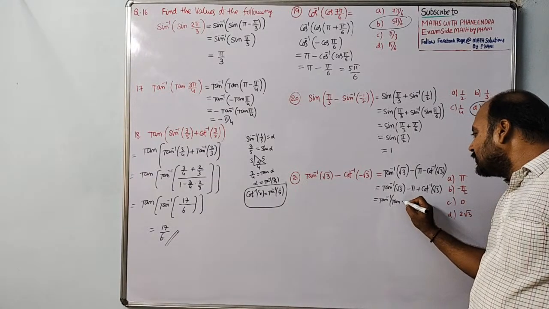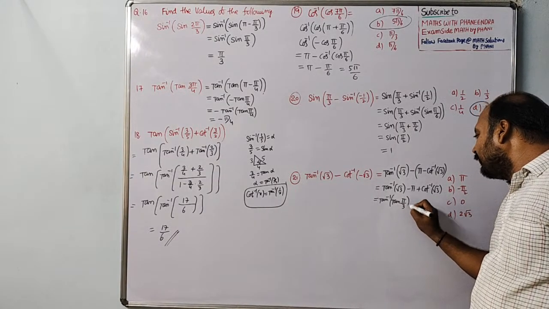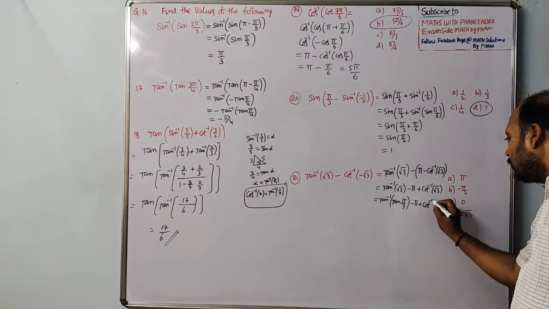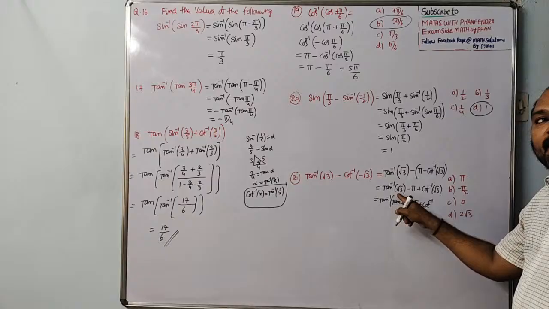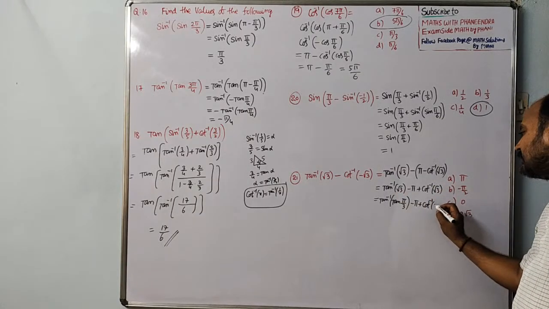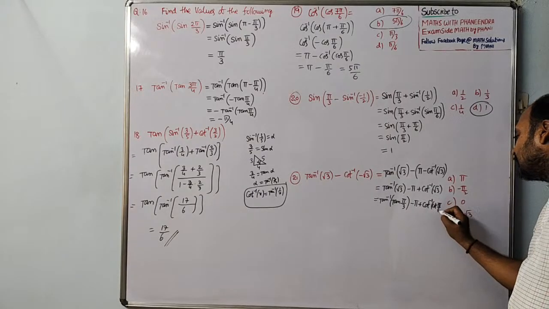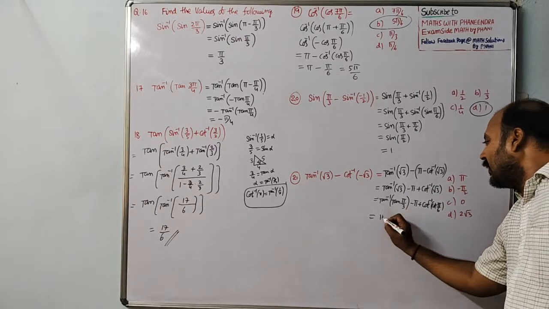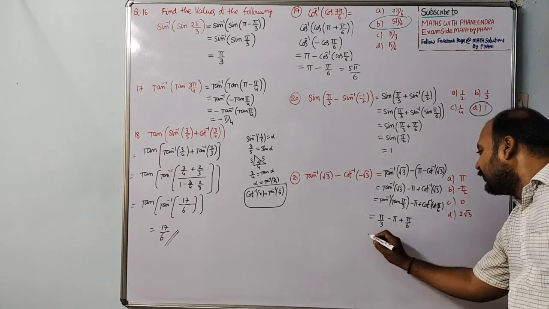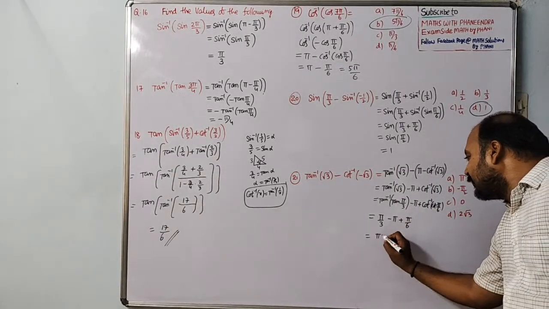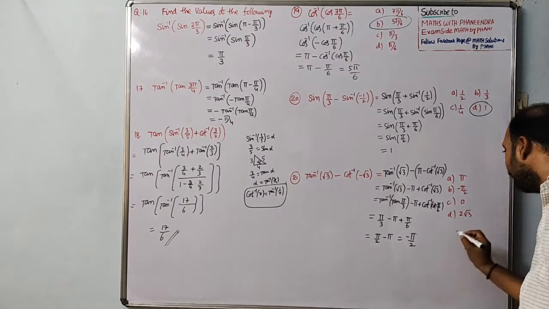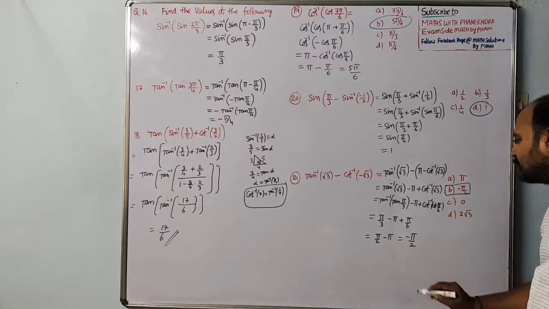So tan of 60 degrees means pi by 3, minus pi plus cot inverse of root 3; 60 degrees in terms of tan, and in terms of cot it is 30 degrees. So cot pi by 6. So it is pi by 3 minus pi plus pi by 6. So pi by 3 plus pi by 6 is pi by 2. Pi by 2 minus pi is minus pi by 2. It is there in the second option, dear students.